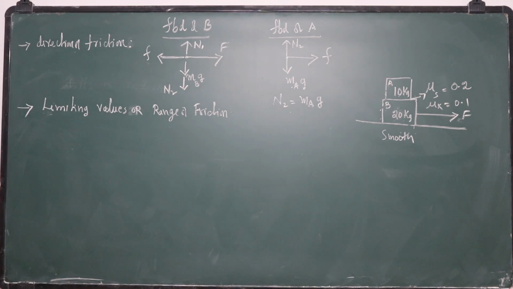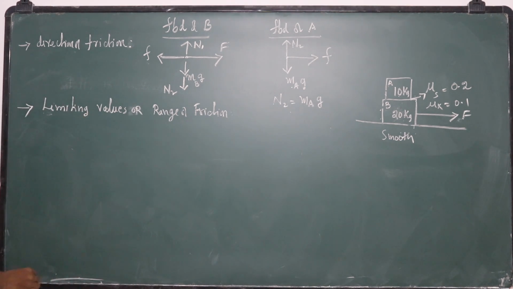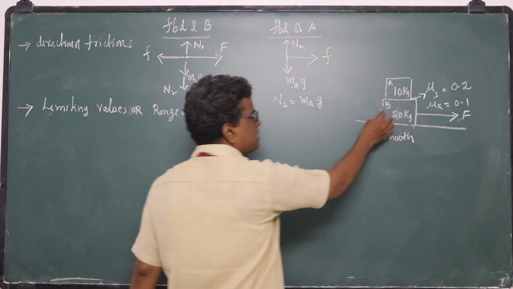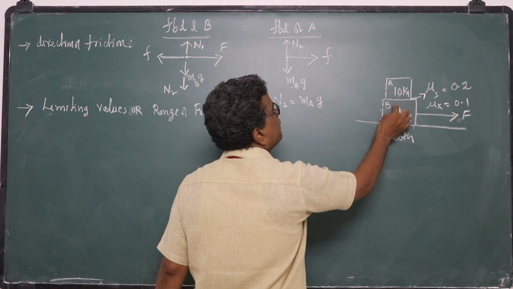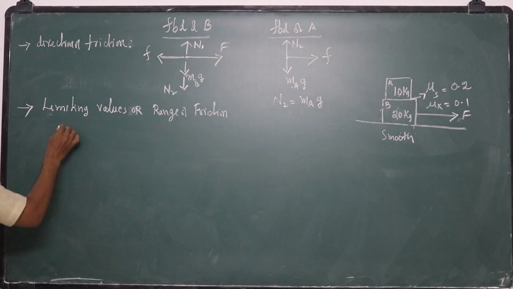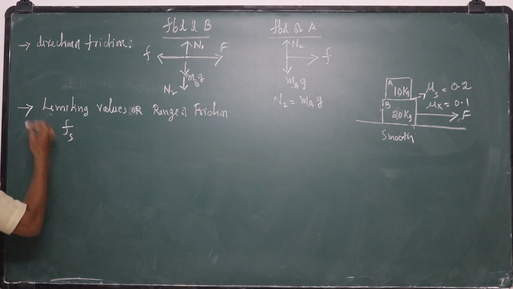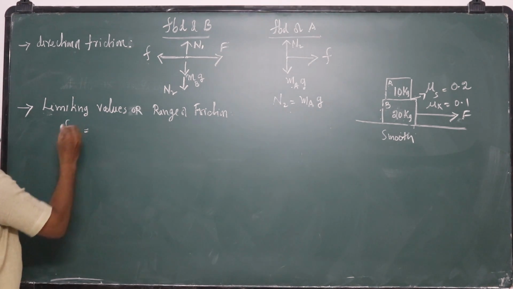Now see, the limiting values or range of frictional forces. There is no friction between block B and the smooth ground, but there is friction between A and B. So what is the frictional force? That is Fs. When block A is at rest, the frictional force is static.